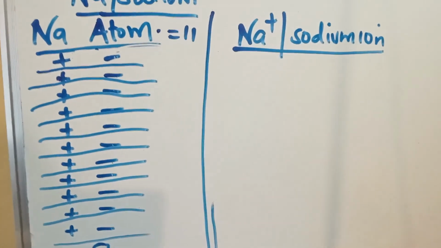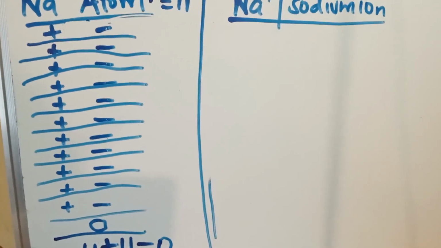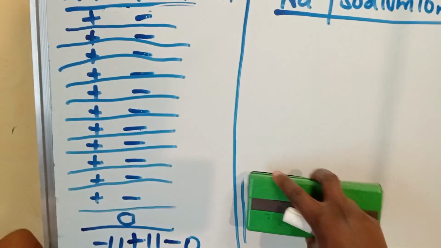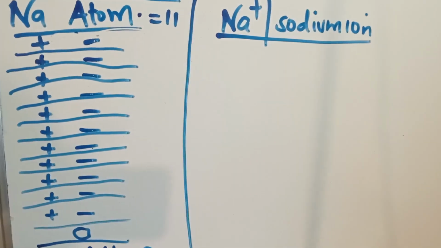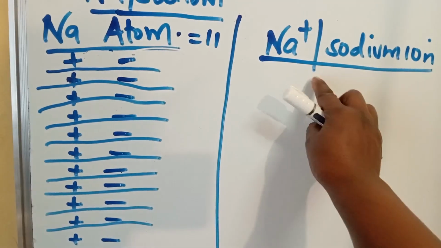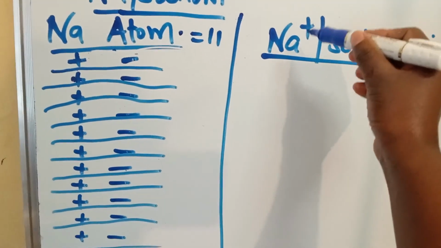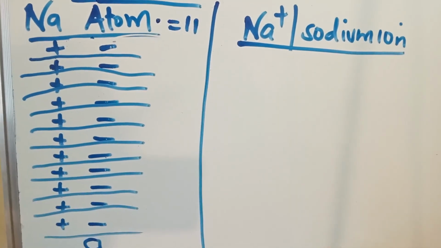We go to sodium ion. So when you are dealing with this sodium ion, you will still begin with the same thing that you did for the sodium atom. You first of all indicate the 11 positives and the 11 negatives.